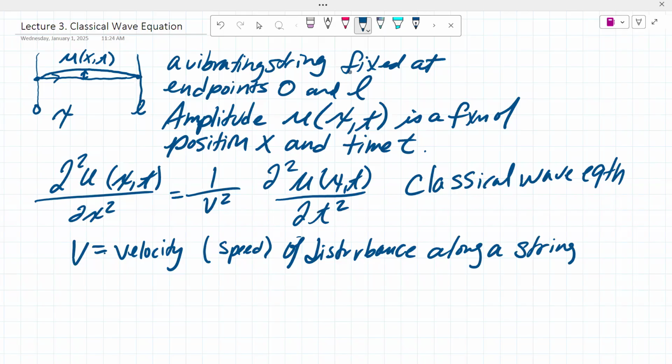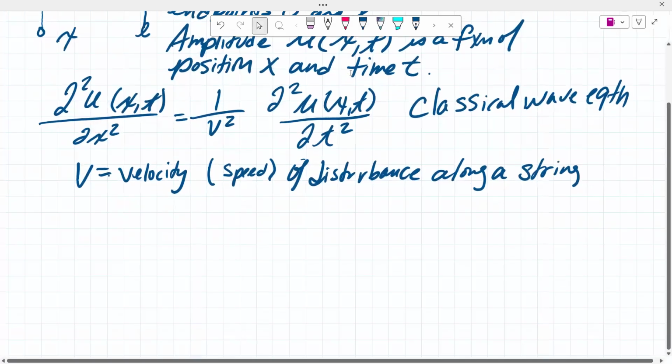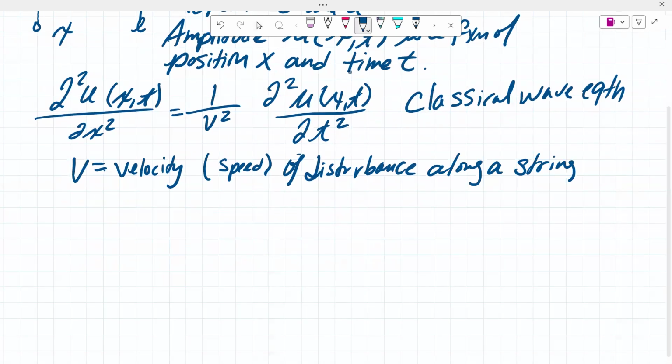All right. Now we have the bounding conditions, which we've already mentioned. What are the bounding conditions?